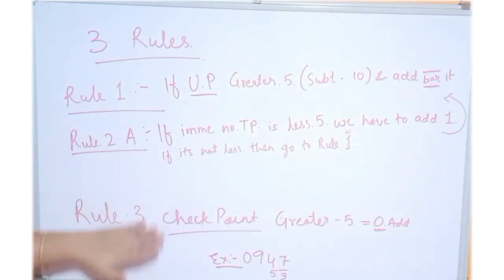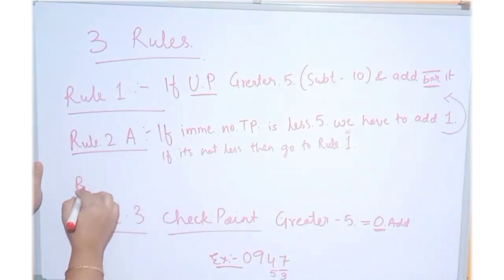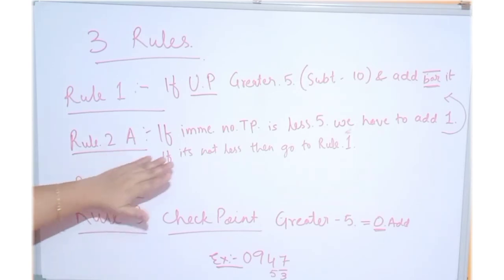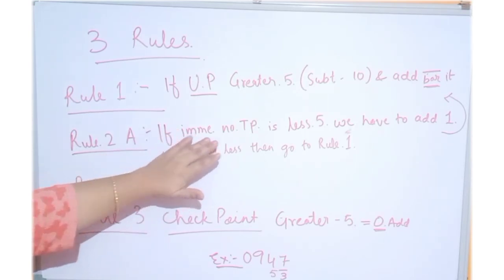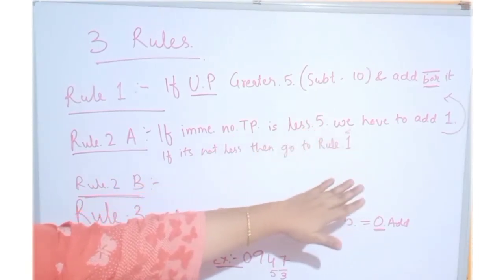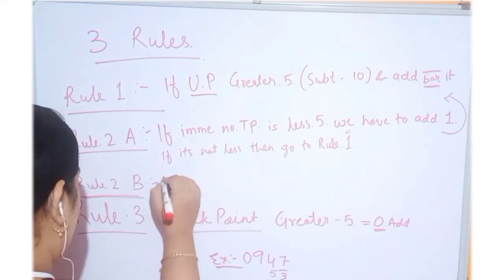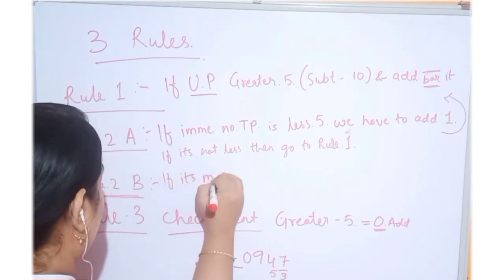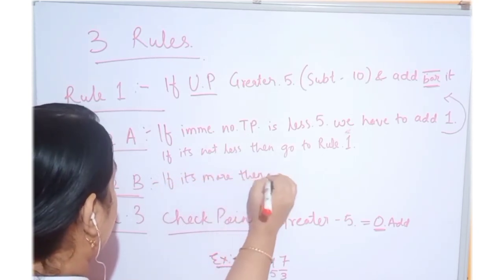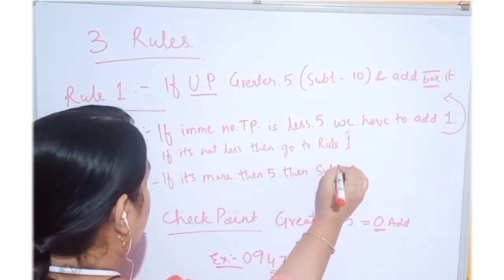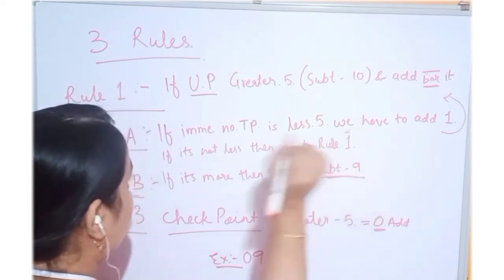I'll repeat it again once we are clear with the rules. Now rule number 2B. See what we have written here: if the immediate number is less than 5, we have to add 1. But what if we have more than 5? That we will cover in rule number 2B. So if it's more than 5, then we subtract from 9.